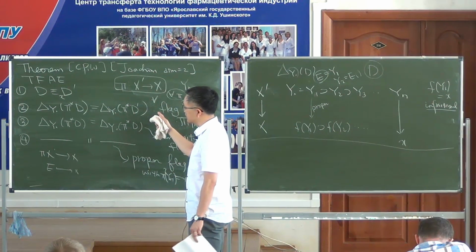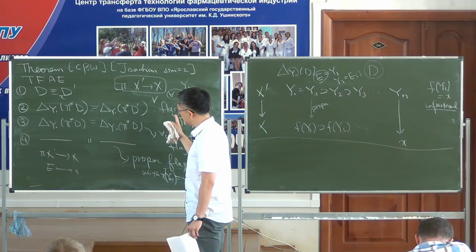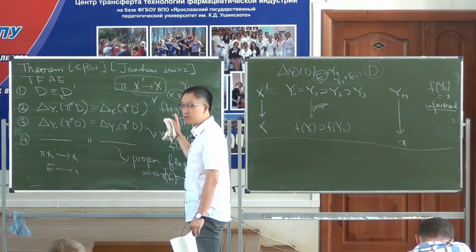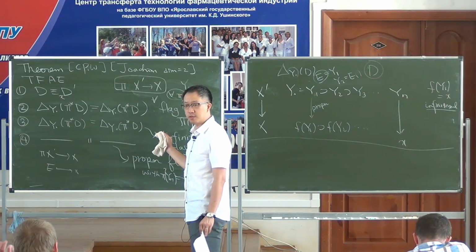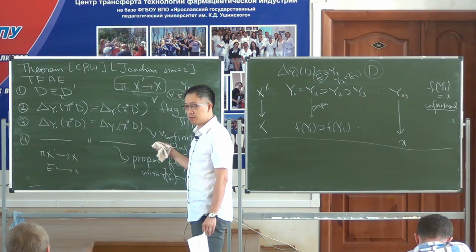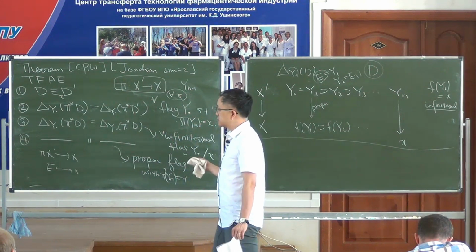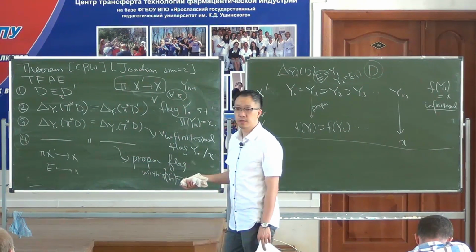Yes, I think it's enough to have one blow-up, to check not for every pi, but just for one. And then it means that my previous question starts making sense.